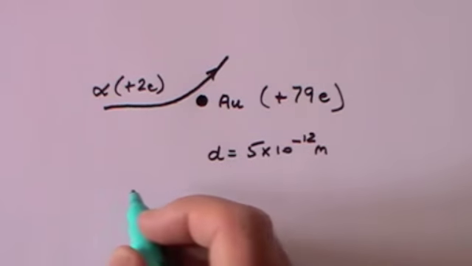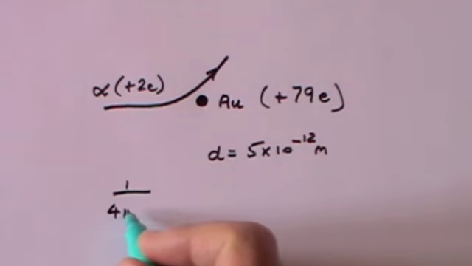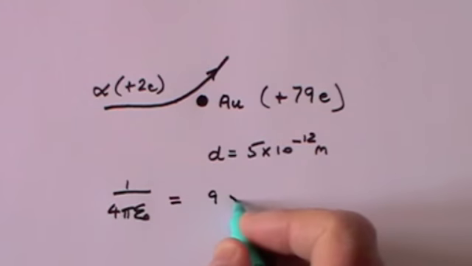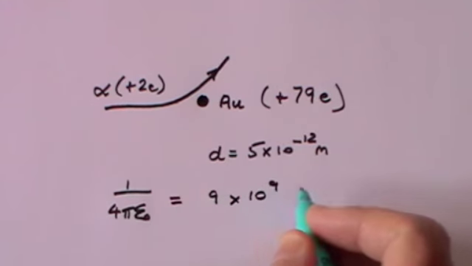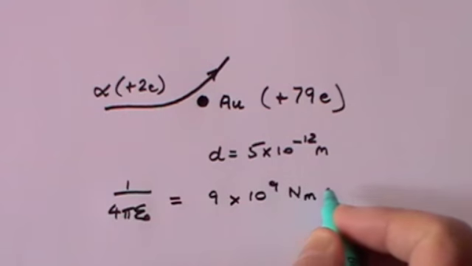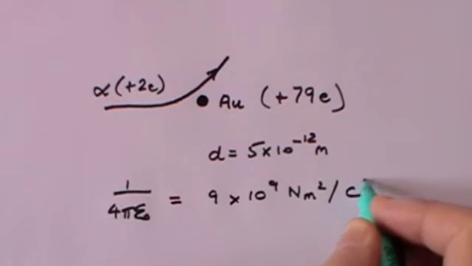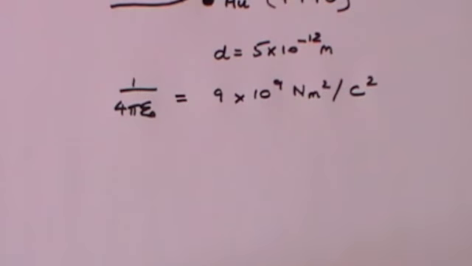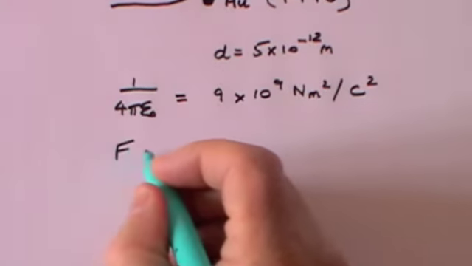We are told that you can regard 1 over 4 pi epsilon naught as equal to 9 times 10 to the 9 newton metre squared per coulomb squared, which gives us a bit of a clue as to which formula we're going to use. We're going to use, of course, Coulomb's law.